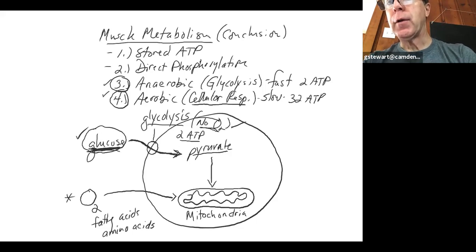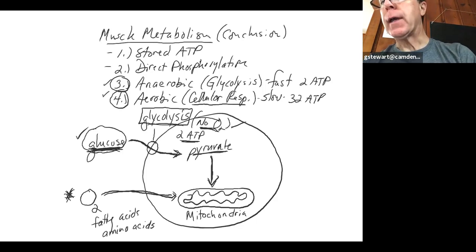Nevertheless, glucose to pyruvate is the process of glycolysis, and it occurs in the absence of oxygen, and we get 2 ATP. If we do have oxygen in our bloodstream, that goes to the mitochondria. The pyruvate from glycolysis goes to the mitochondria, and we get some byproducts.